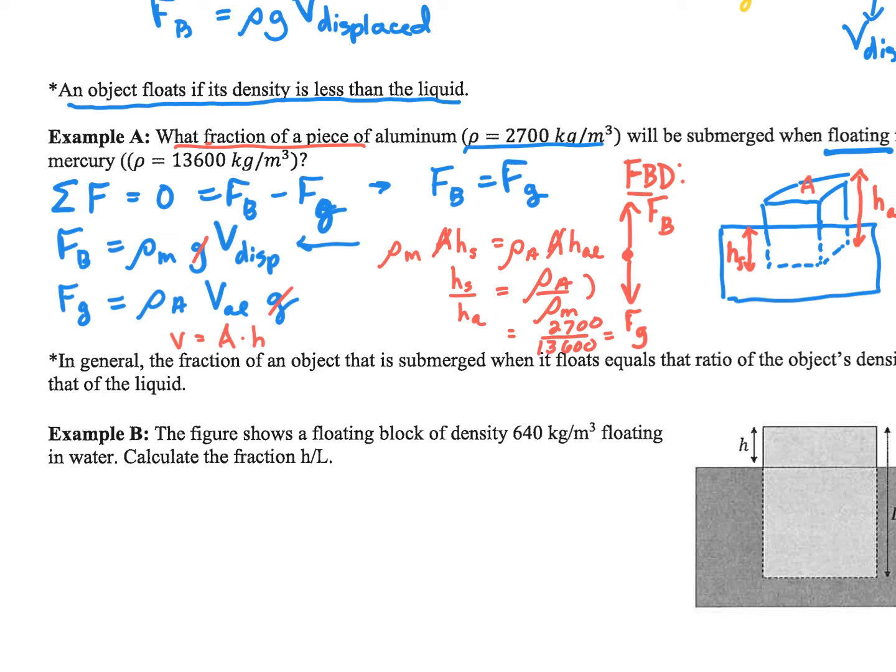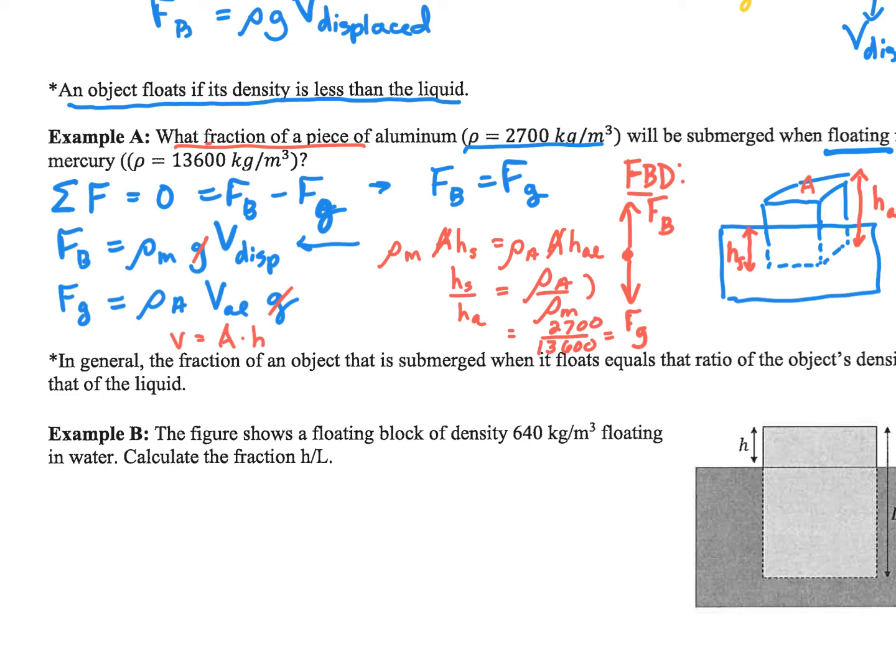So how well is that aluminum going to float? Really well. Which means how much of it's actually going to be submerged? Not much, right? If the mercury is really, really thick, then the aluminum's mostly going to be on top, isn't it? With just a little bit below the surface.